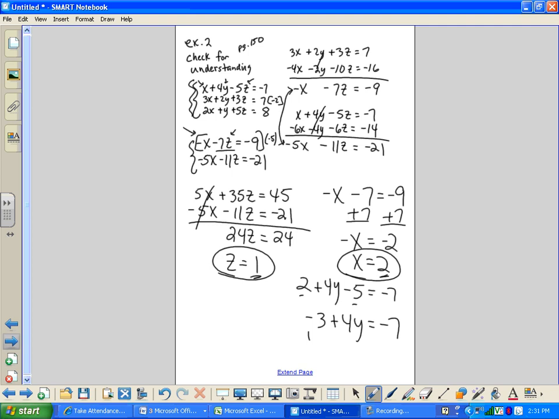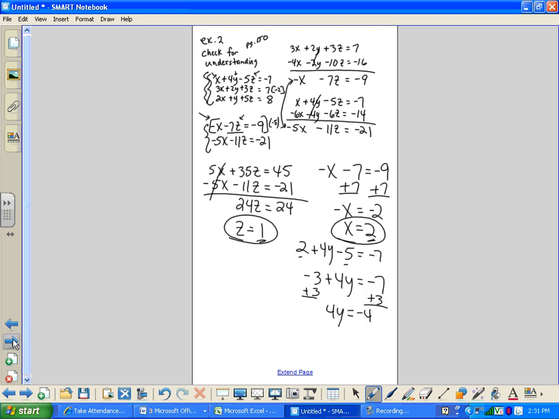And then I would add 3 here. And so that gives me negative 4. And so y would be negative 1.